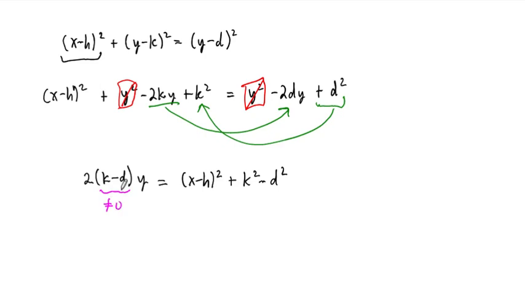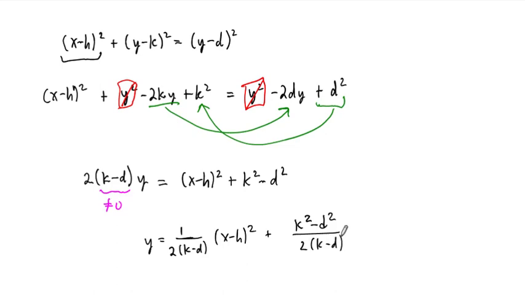So we can divide through, and we end up with a formula, and you can decide how much work you want to do to simplify this. We end up with 1 over 2 times (k minus d) times (x minus h) squared plus (k squared minus d squared) over 2 times (k minus d).